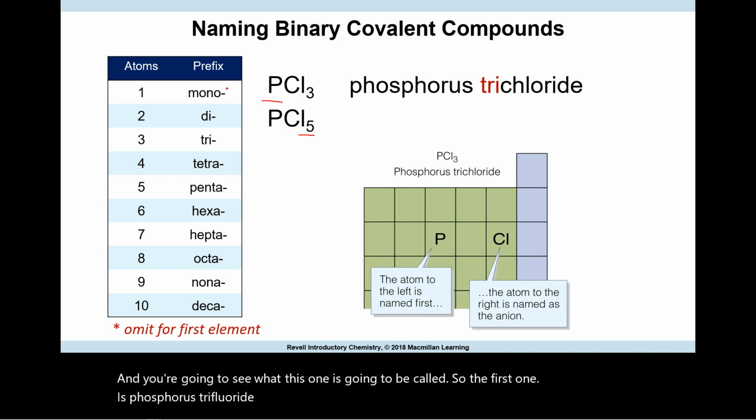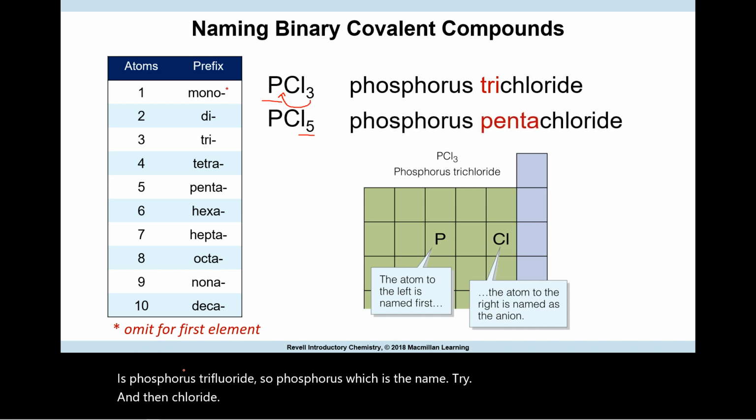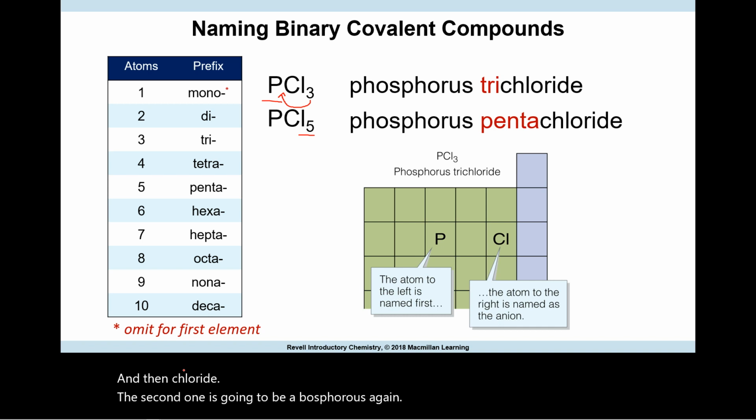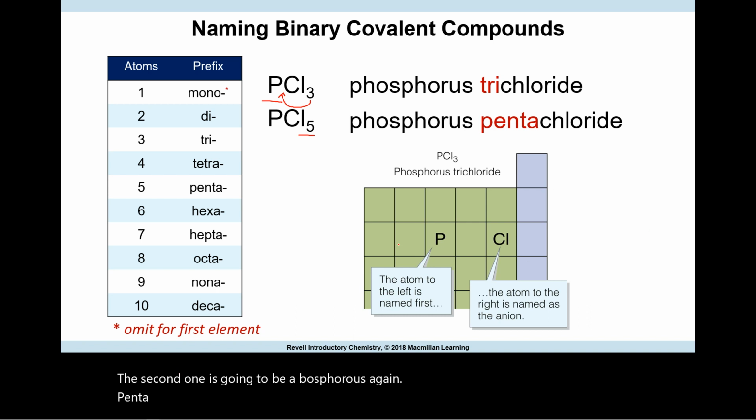So phosphorus, which is the name, tri, and then chloride. The second one is phosphorus again, pentachloride. Penta stands for 5.